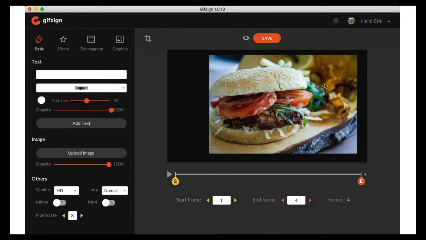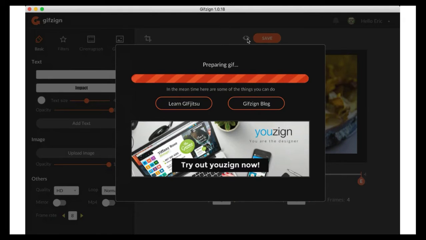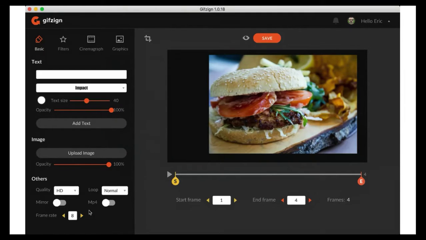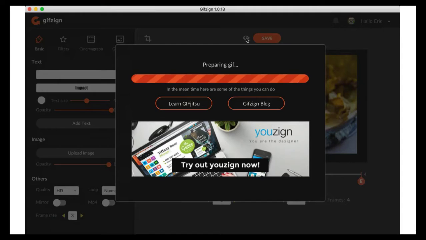So this is the image that I had up earlier, okay? Now watch what happens when I load it here at 8 frames. That's just playing too rapidly for me, okay? So what I'm going to do is slow my frame rate down. For those of you who are new, you can slow that frame rate down and then you can test it.